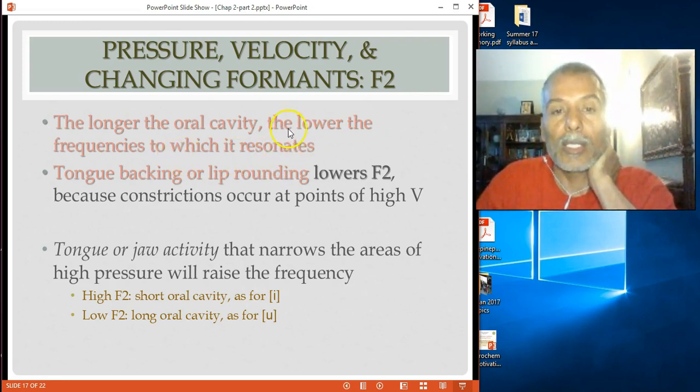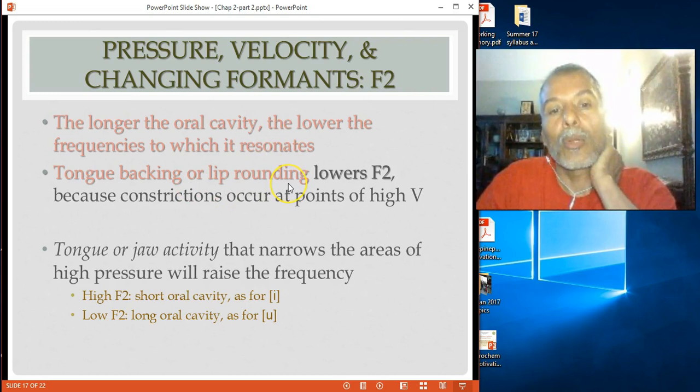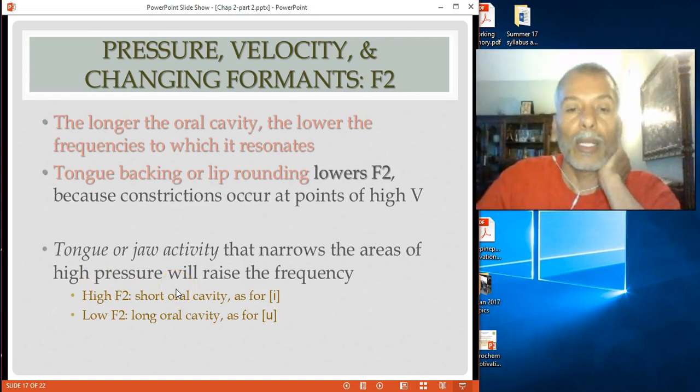Now, these things you need to really get to understand. Tongue backing or lip rounding are going to lower F2 because the constriction occurs near a point of high velocity. Tongue or jaw activity that narrows the areas of higher pressure are going to raise the frequency.